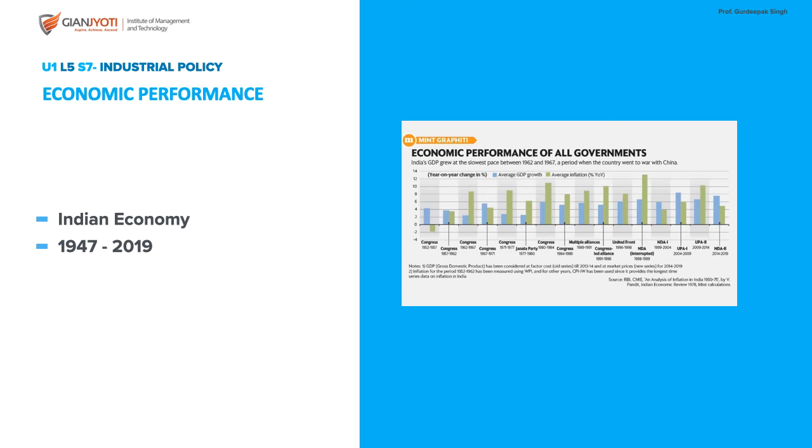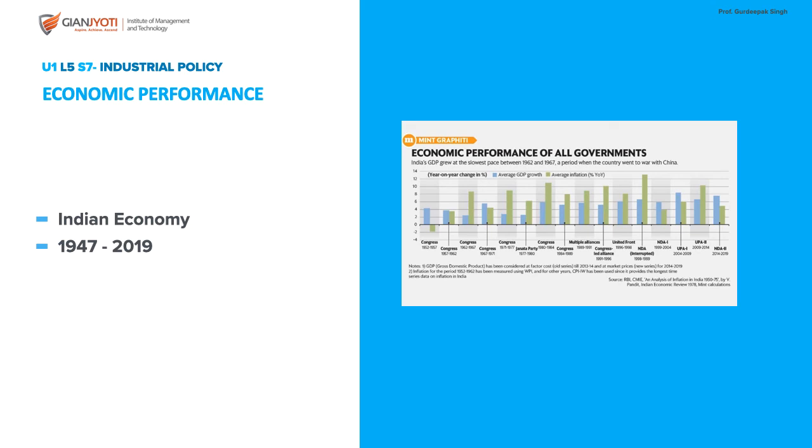Lastly, let us look at the economic performance. When we look at the economic performance, we start from the very beginning, and we take it from 1947 till today. If you look at 2 things, one is the GDP, which is in blue, and the green one is the average inflation, that is year on year.